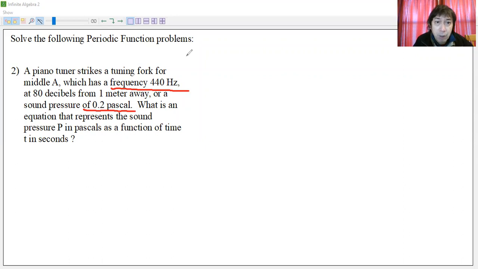All right, and so our given, we can only have the amplitude A, which is 0.2 Pascal. And we can compute for our B by using the frequency, okay?